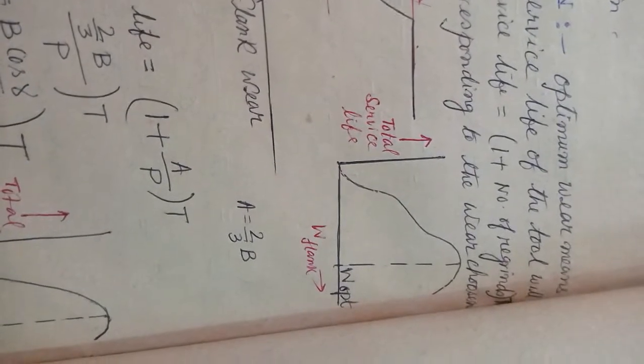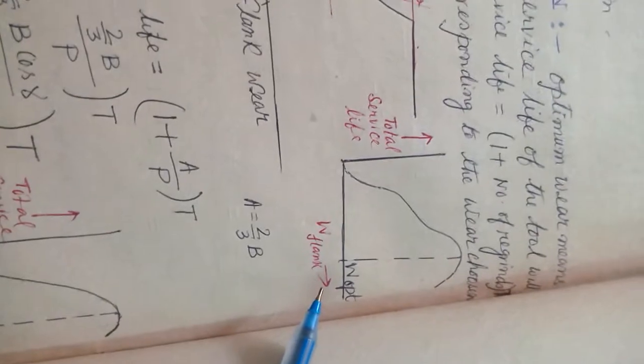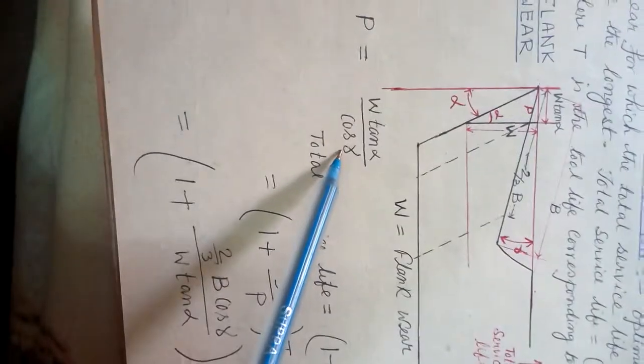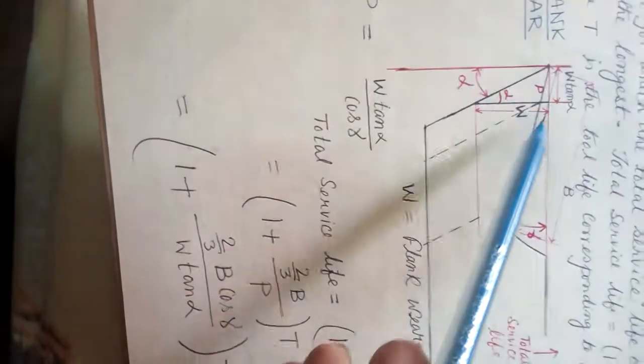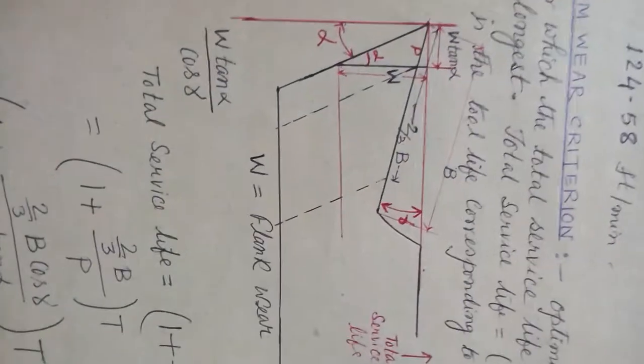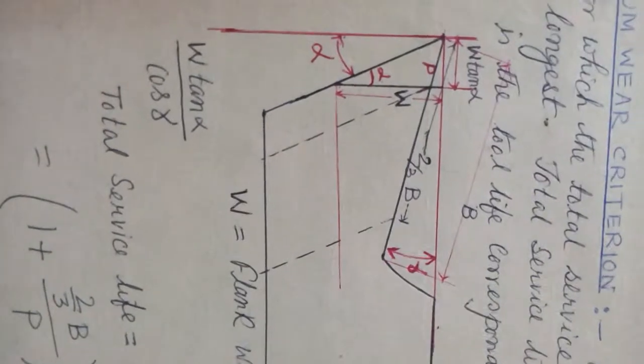This is the total service life, and this is W, W is flank wear. T is equal to W tan alpha by cos gamma from here. You just draw this figure very nicely.